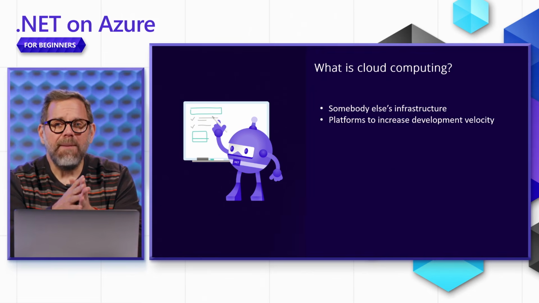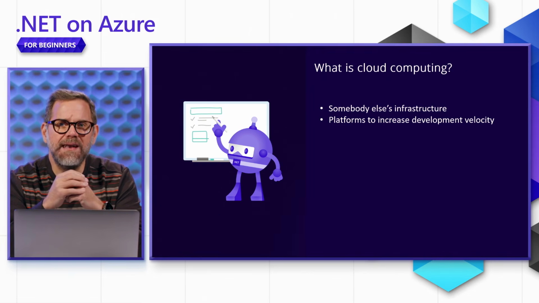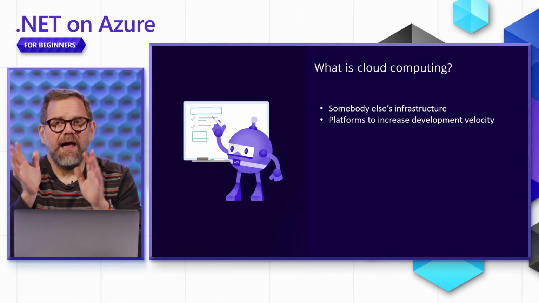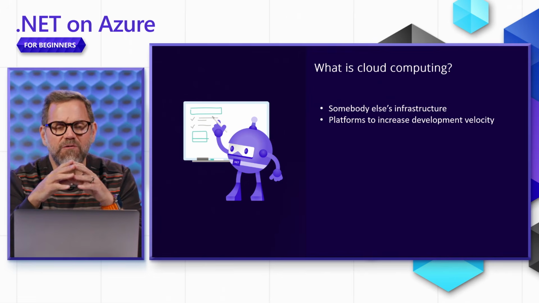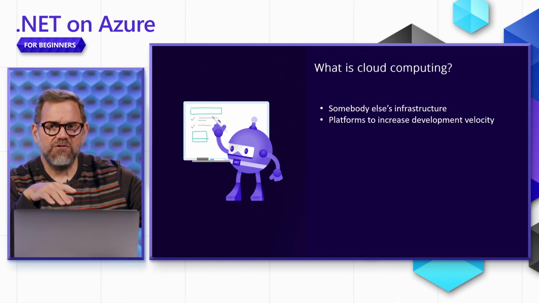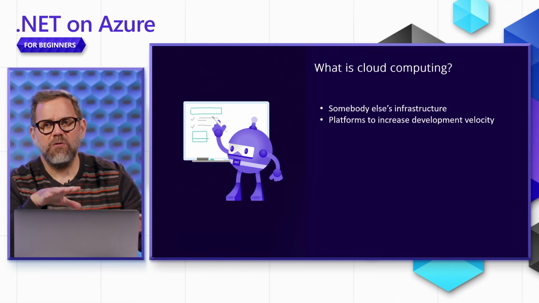In addition to it not being your own infrastructure, cloud computing also has platforms to increase developer productivity and velocity. Some things you can think about where the infrastructure are things like Azure storage, so blob storage or virtual machines.